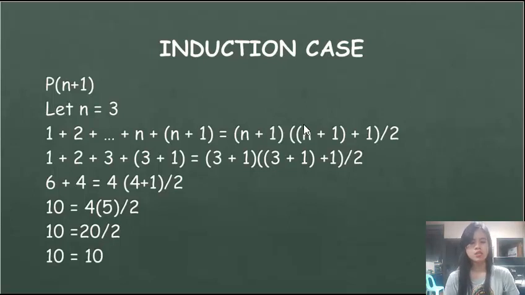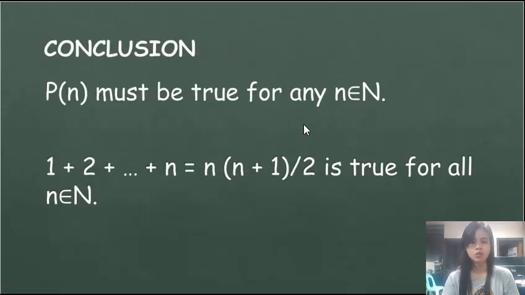As you can see, the left and the right sides are the same. Then we have proved that P of n plus 1 for any number that is an element of natural numbers is also true. So the conclusion is P of n must be true for any number that is an element of natural numbers. So that's how mathematical induction works, by proof.